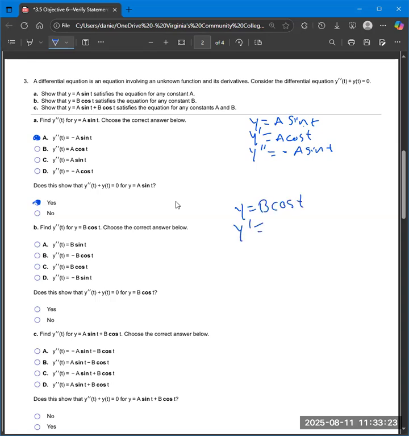Y prime is negative b sine of t. Y double prime is equal to negative b cosine of t. So yes, the second derivative and the original are opposites. B, yes, that would be a solution.